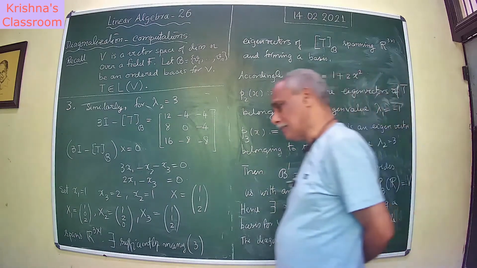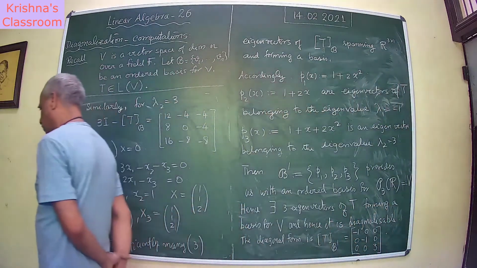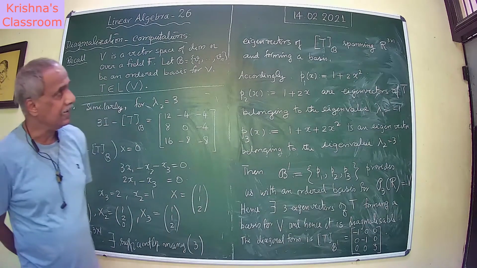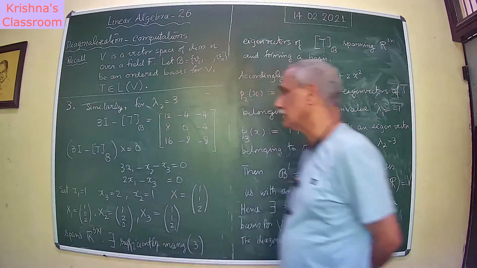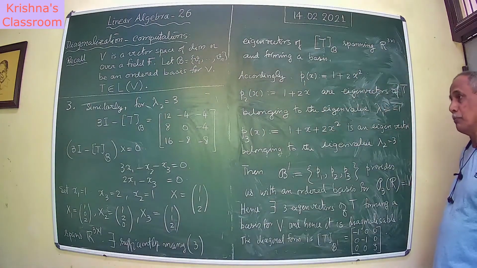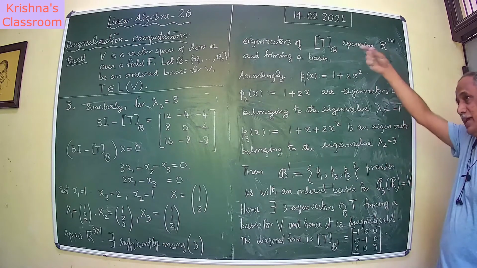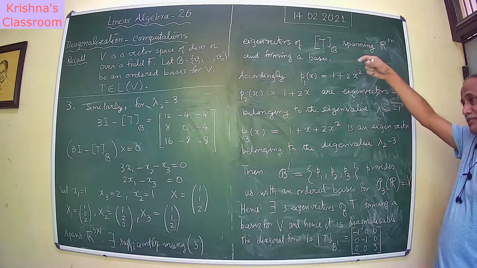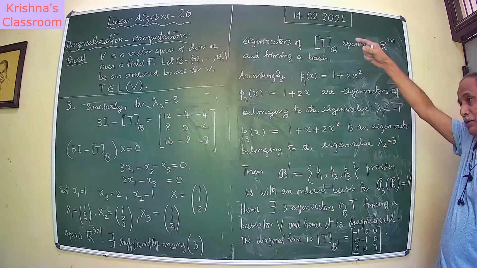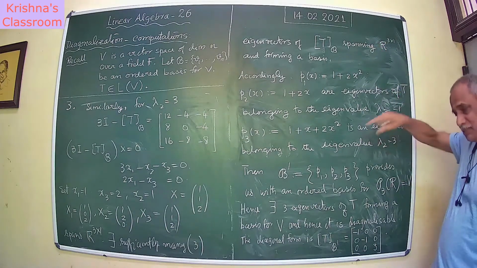There are many examples that you can work, but I suggest that you completely go through these computations. Now, from B you go to F to the n cross 1 in the case of these examples.